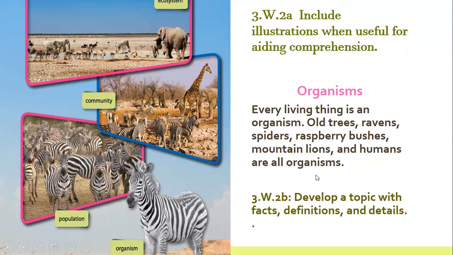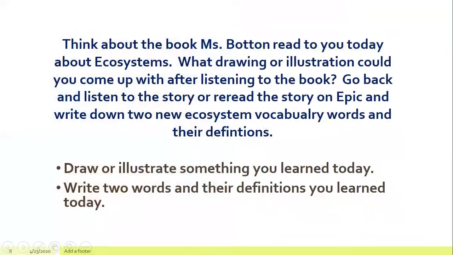So the other 2 standards we want to make sure that we're including when we're writing nonfiction are putting illustrations and definitions of the vocabulary words that are new to our reader, which will bring us to our next assignment. Think about the book Ms. Batone read to you today about ecosystems. What drawing or illustration could you come up with after listening to the book?